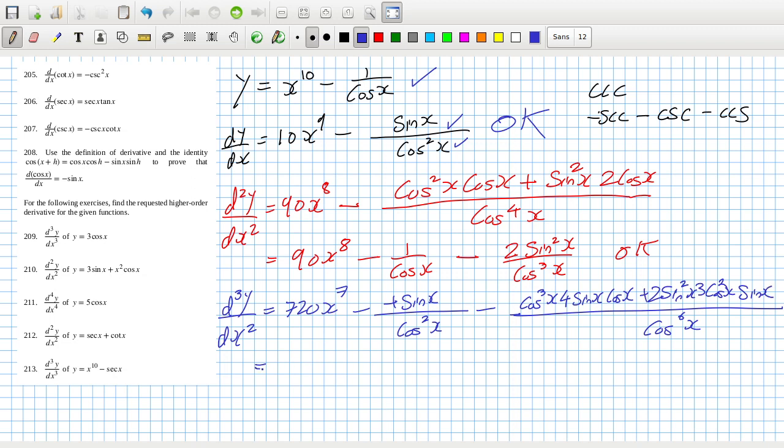Plus. So that is 720 x power 7 minus sine over cos is tan and 1 over cos is sec, minus 4 sine over cos is tan, 3 cos cubed times a cos is cos 4 over cos 5 is 1 over cos, which is sec.